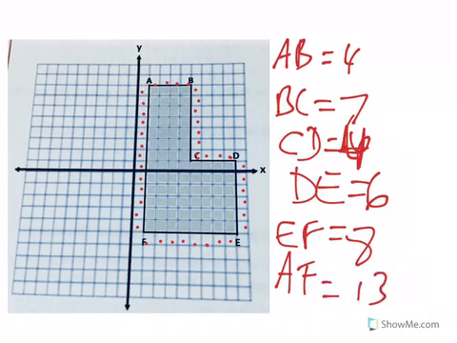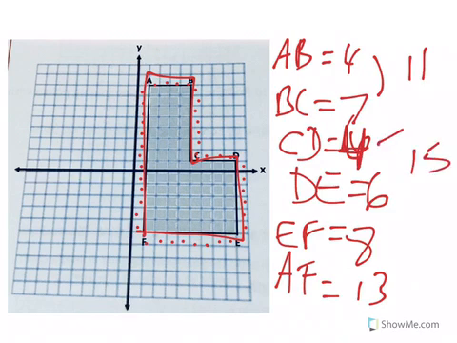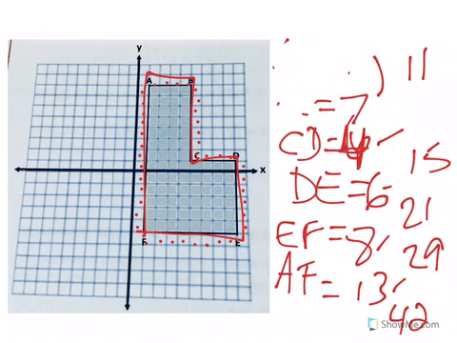Now, in adding all of these together, because we want to go all the way around the outside, we have 4 and 7 is 11, plus 4 is 15, plus 6 is 21, plus 8 is 29, plus 13 is going to be 42.